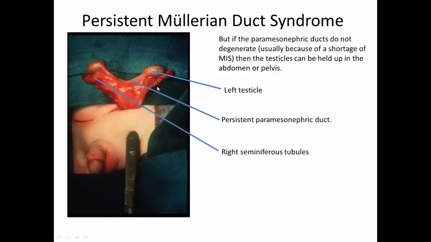So what I'm saying is that these testicles are supposed to end up down here in the scrotum, but we've got a paramesonephric duct that was supposed to regress and didn't, so it hung the testicles up in the abdomen, and so we would have what is called bilateral cryptorchidism, which is just to say that you have two undescended testicles, one on each side.